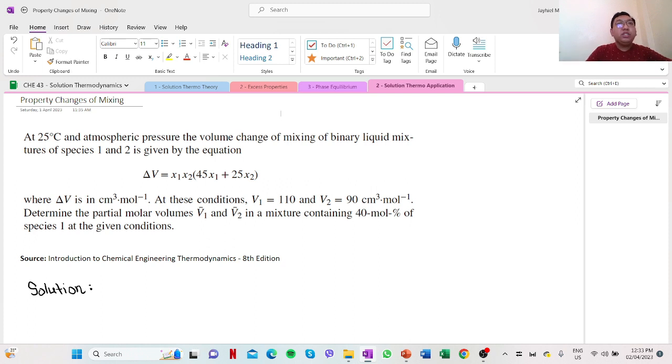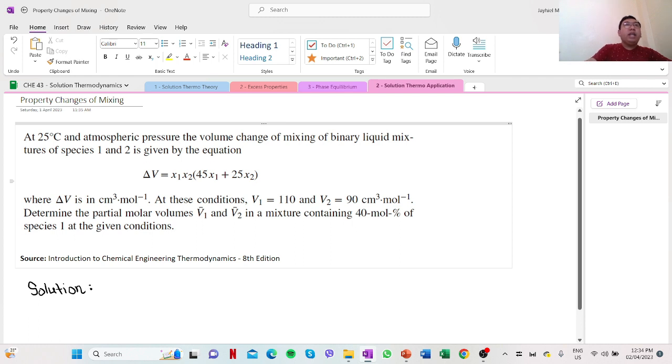At these conditions, V1 is equal to 110 and V2 is equal to 90 cm³ per mole. Determine the partial molar volume of 1, V̄1, and the partial molar volume of 2, V̄2, in a mixture containing 40 mole percent of species 1 at the given conditions.